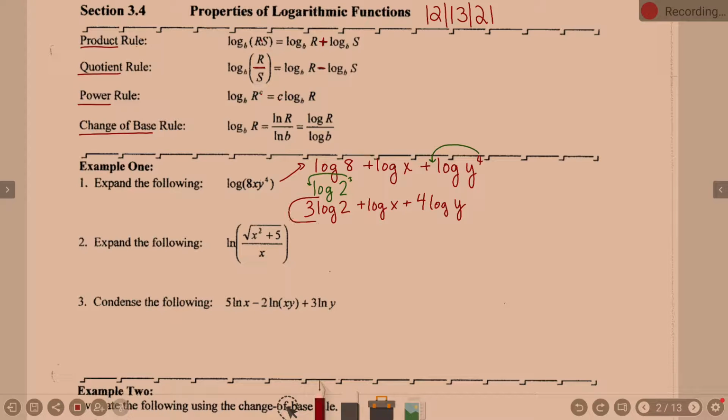And this would be your most expanded form there. We took one log and we pulled it apart as much as we could. Questions there?